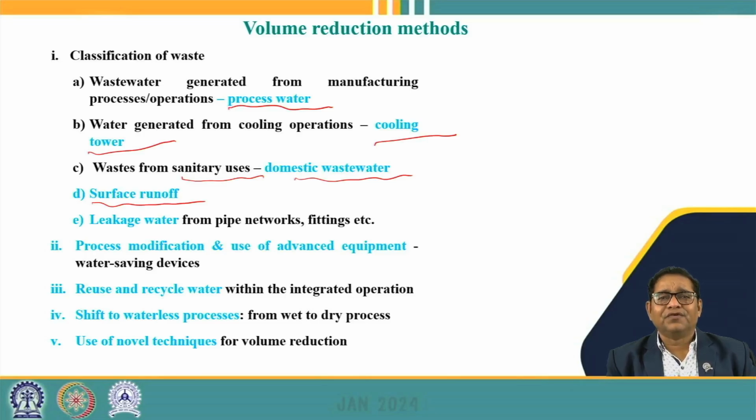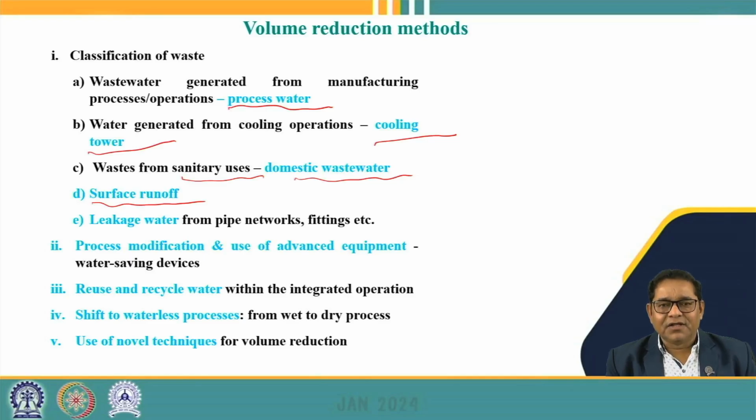A lot of pesticides, fertilizers, unused dyes, hydrocarbons, organics and chemicals get mixed into this surface water, and that water, along with a lot of inorganic impurities, has a different pollution load, so it can be segregated in order to reduce the total volume of the wastewater.